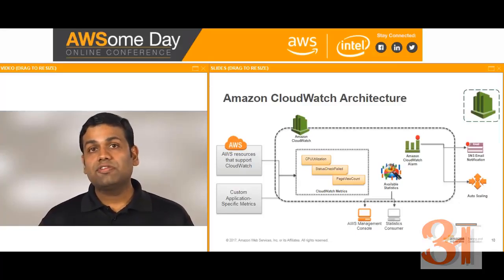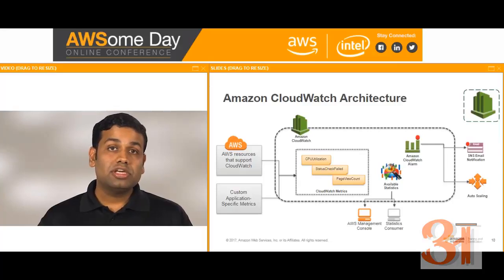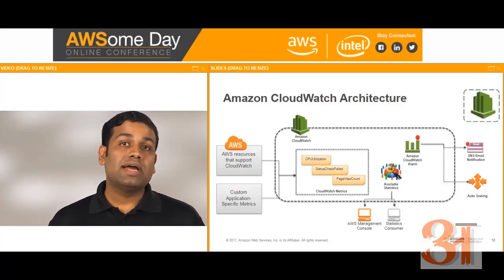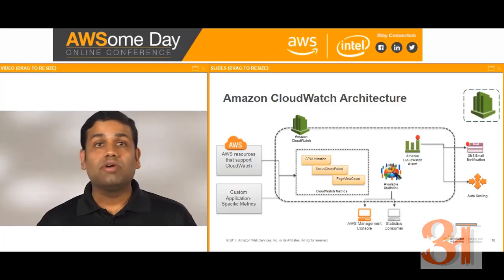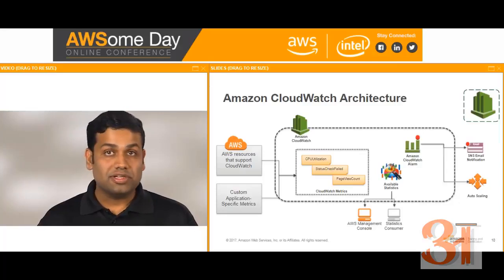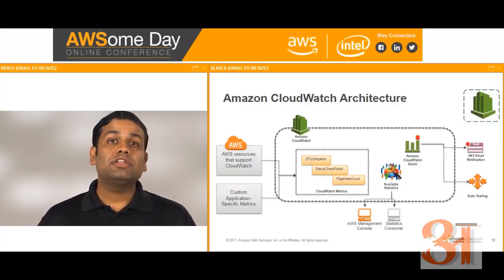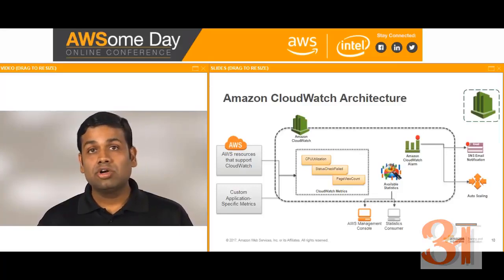Some examples of custom metrics are number of web page views, memory utilization on an Amazon EC2 instance, or JBoss utilization of an application. Amazon CloudWatch offers integration with many third-party tools such as Nagios, Splunk, and Datadog, to name a few.